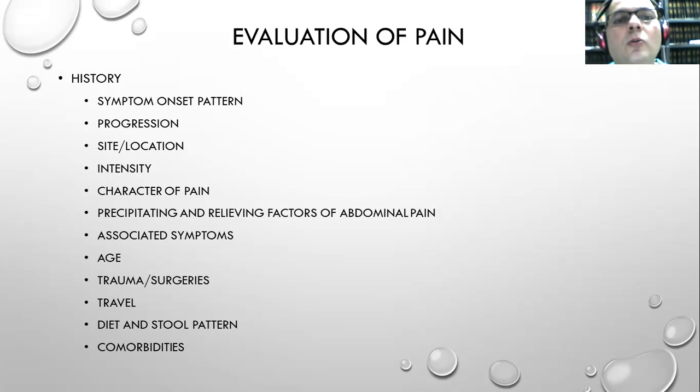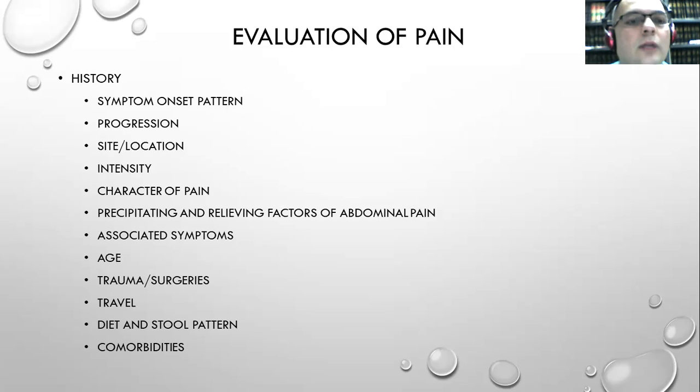Now when we want to evaluate the pain, we need to go systematically. We need to first collect the history of the child. Among the history, we need to know the symptom and the onset pattern of the pain, what kind of pain it is, when the pain started, and with what the pain started.